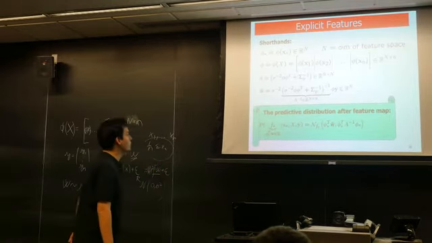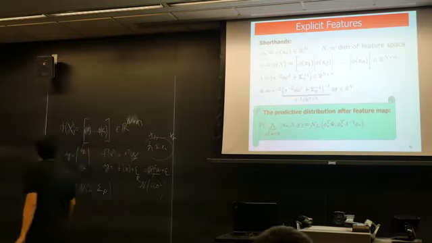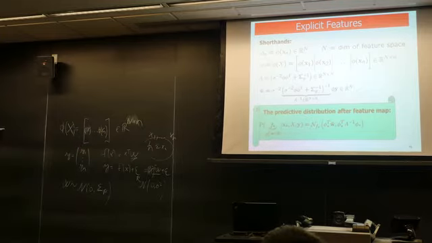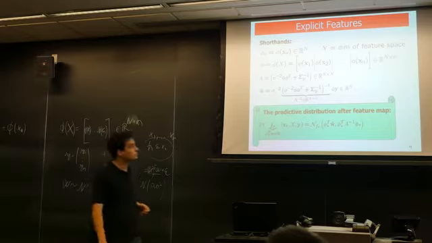Okay, so some new notation. So phi star is just phi of x star. So the feature transformation in x star is the point where I want to calculate the predictive distribution.